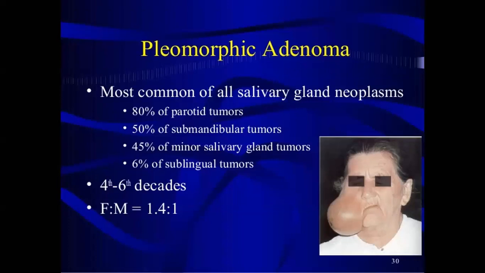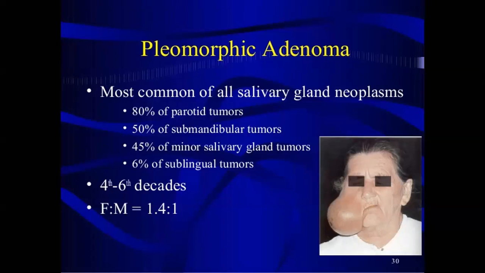Now, pleomorphic adenoma is the most common of all salivary gland neoplasms. It accounts for 80% of the parotid tumors, 50% of the submandibular tumors, 45% of minor salivary gland tumors, and 6% of the sublingual tumors.